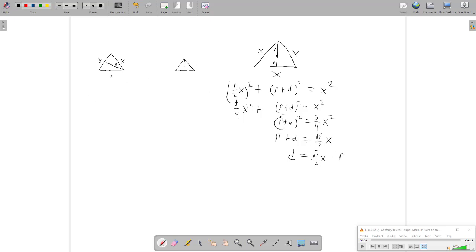And I also know I can draw these triangles, which you note that height is d. So I know that this is r, that's d, that's 1/2 x. I also know 1/2 x squared plus d squared equals r squared.